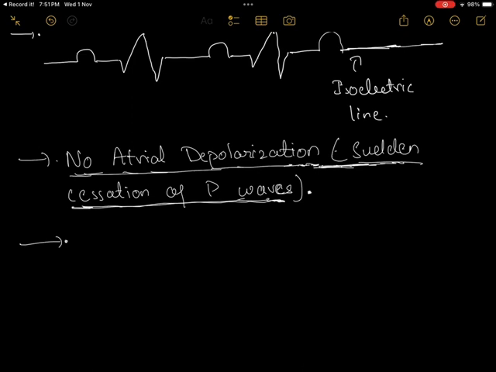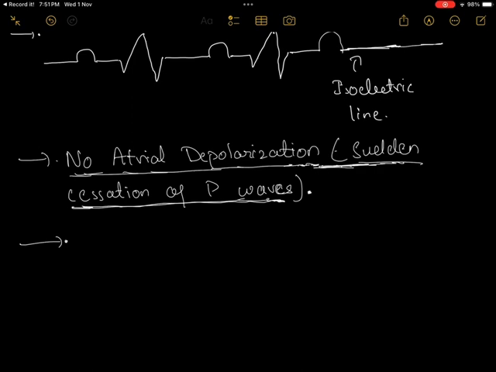We will be learning it in the upcoming blockage, when we study junctional blockage, so we will get to know why ventricular contraction is dependent on atrial contraction.